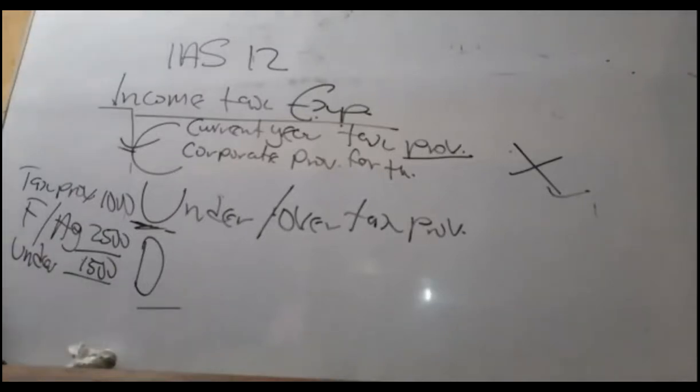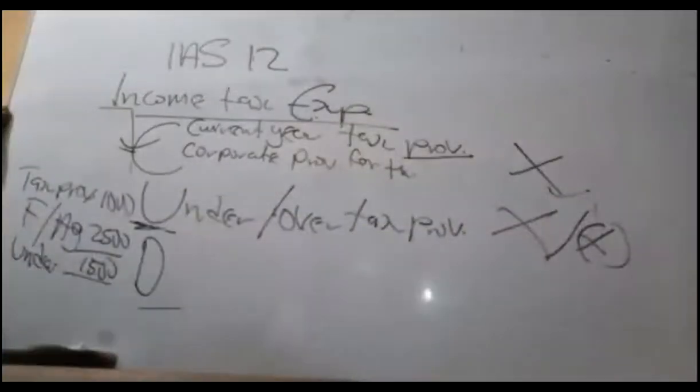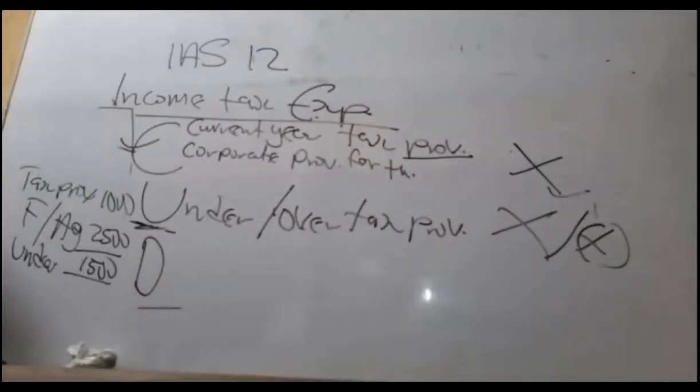So top it up as an additional expense. So under, you add. What about over? Subtract. So under, you add, because it's an additional expense. You add it to the income tax expense. So that's the tax reconciliation. Good. So under, you add. Over, you subtract.